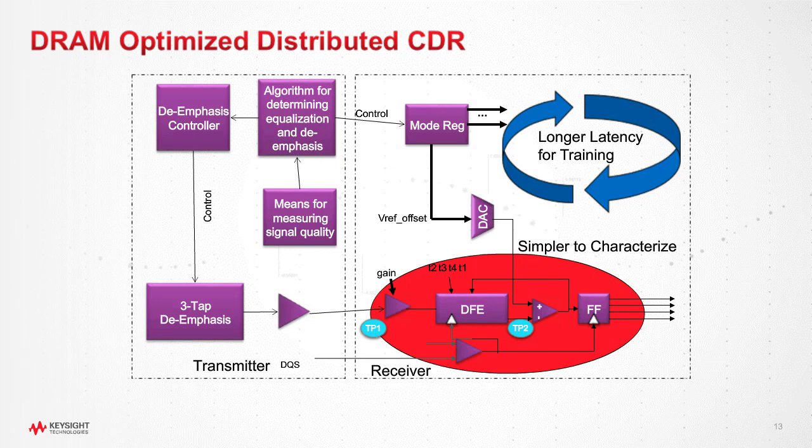There are several implications to this that we won't have time to go into. However, because the receiver is in a sense less intelligent, it should be simpler to characterize, because now you've got individual mode register settings that will change very discrete behavior within the receiver.